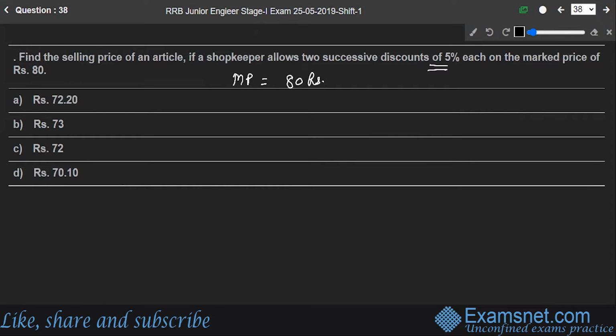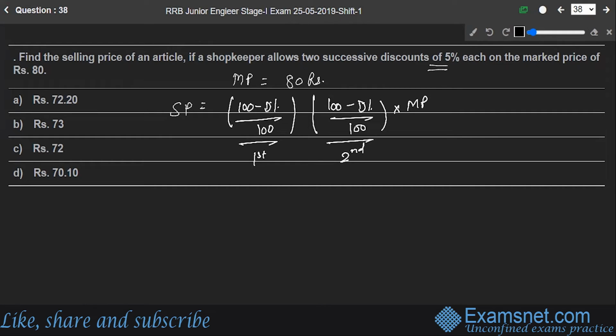So you can take the selling price as the marked price times 100 minus discount percent upon 100, multiplied by 100 minus discount percent upon 100. This is for the first discount and this is for the second discount.